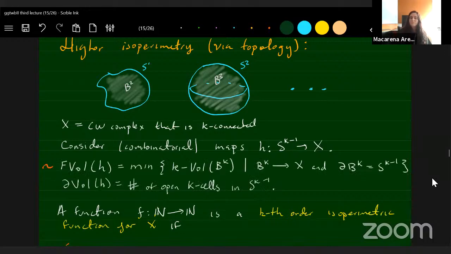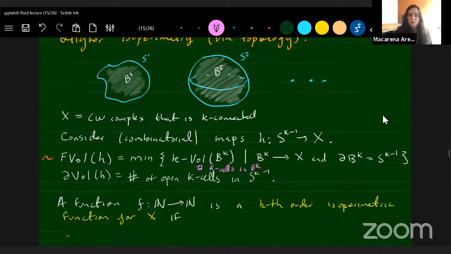So the filling volume of the map is going to be the minimal K volume of a ball that is bounded by the sphere. What's the K volume? This is just the number of K cells in the ball. And the boundary volume of the map is going to be the number of open K cells in our cellulation of the sphere.